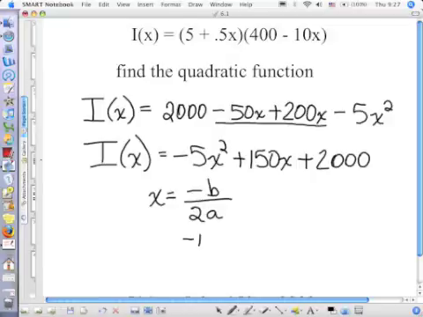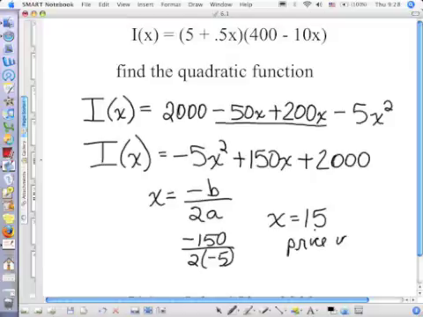So negative 150 over 2 times negative 5. Well, that's negative 150 over negative 10, which makes it positive 15. So we're going to do 15 50-cent increases.